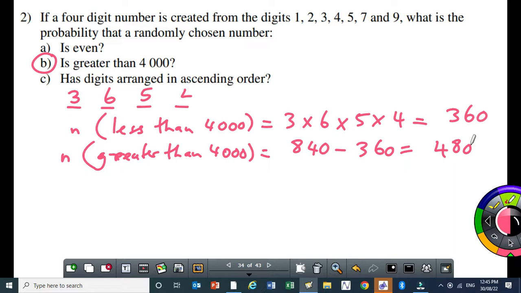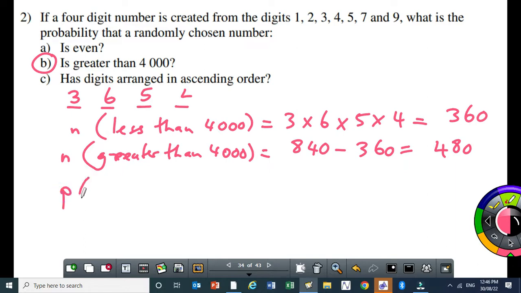The number of 4-digit numbers that are less than 4,000. It means the first position can have a 1, a 2, or a 3. If you put a digit here, you can't repeat it in the second position. So you're left with 2 plus the other four digits that you can't put here, so you end up having 6.